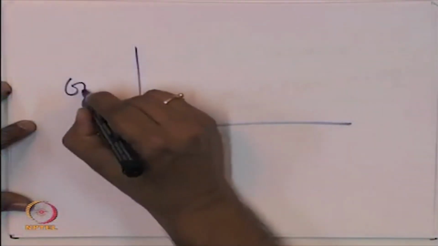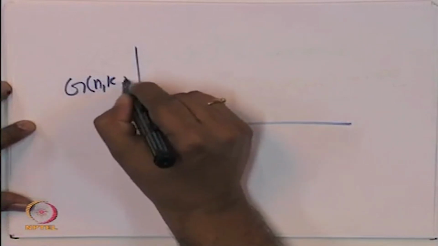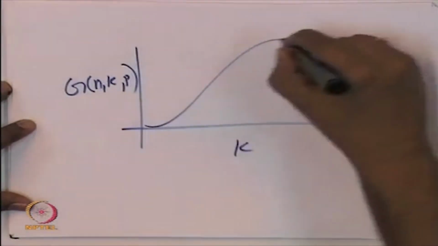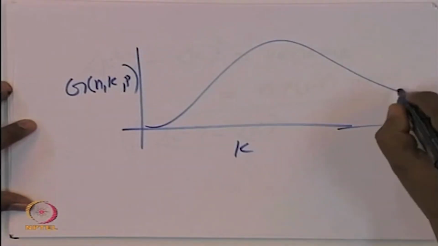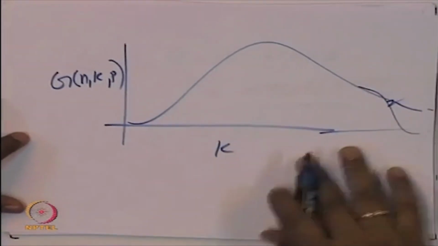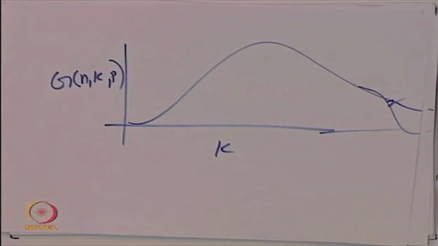Okay. Now, this can be immediately put to use. First of all, we can plot g of n comma k comma p as a function of k, and it will look like some curve. It will have some particular shape. Let us look at some exact curve.